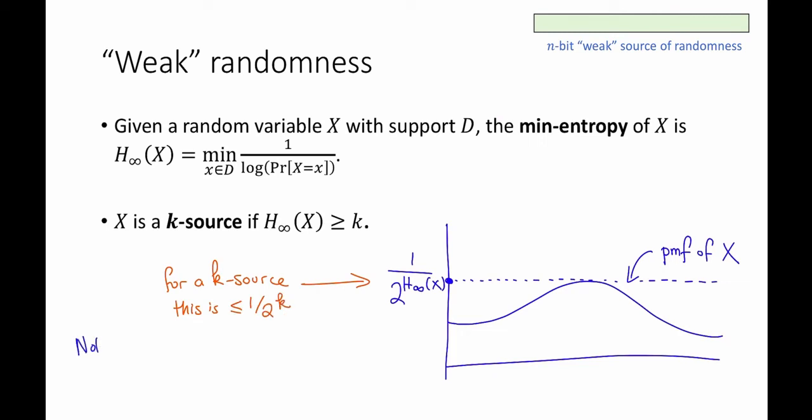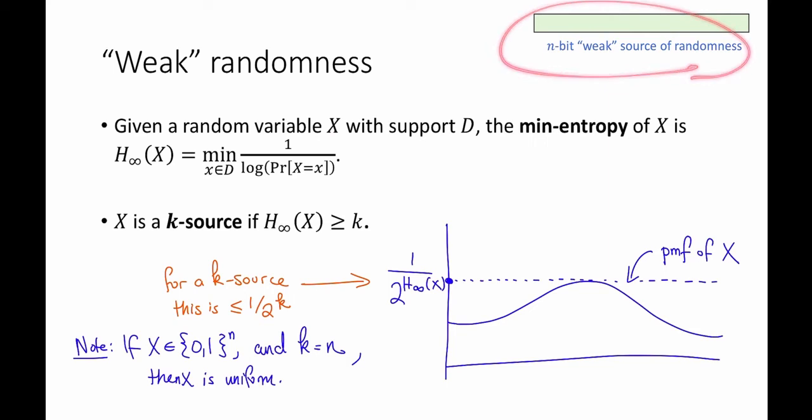Notice that if X is a random variable defined on {0,1}^n, so it's n bits long, just like our putative source up here, then if k equals n, and X happens to be a k source, aka an n source, then X is uniform. Thus, if we have an n source here, we have a perfect source of randomness, and if we have a k source for some k less than n, we have some weak source of randomness. So that's going to be how we quantify weak randomness for our purposes.